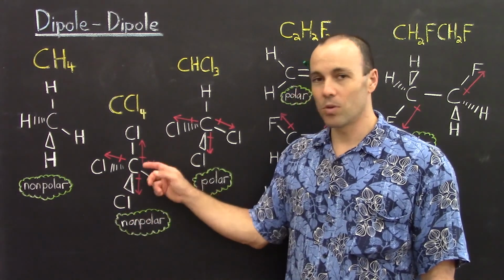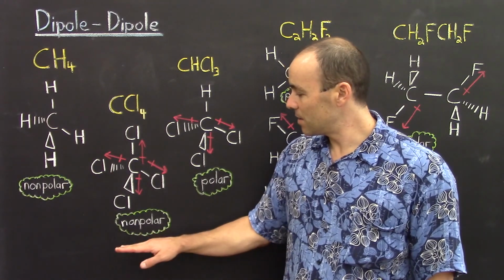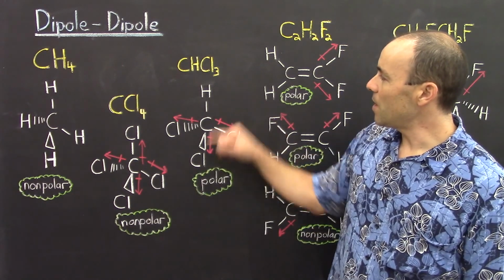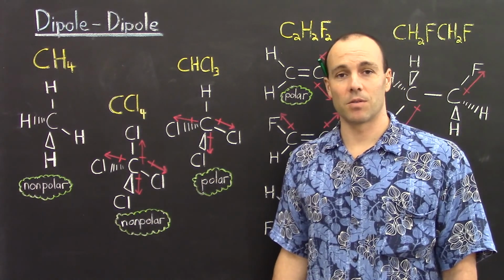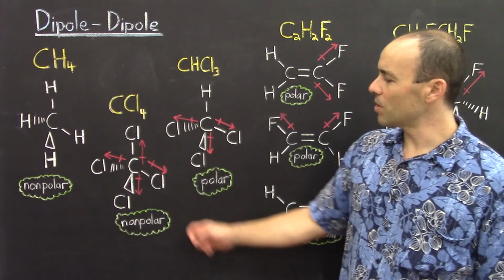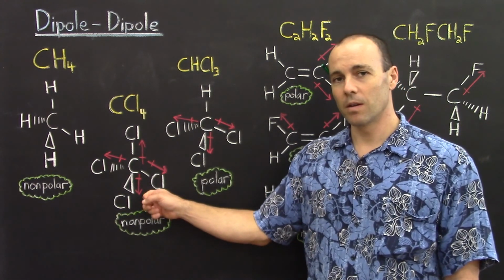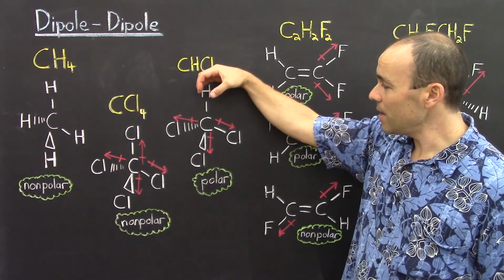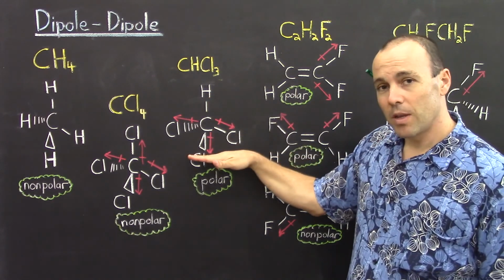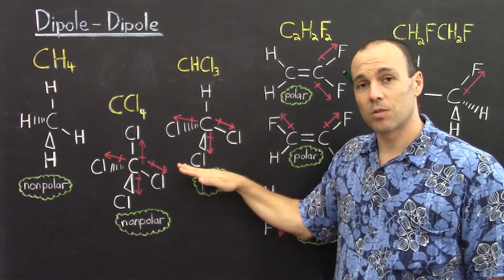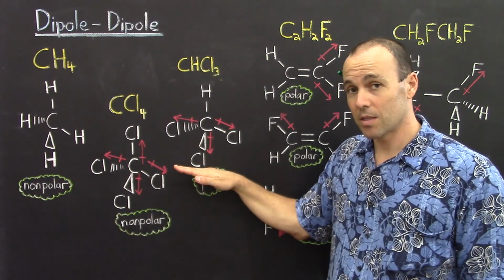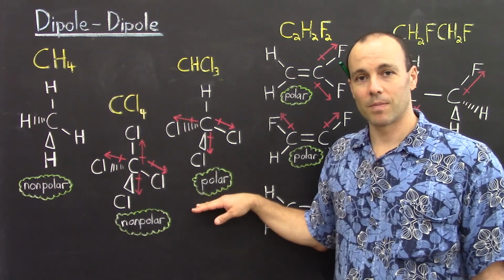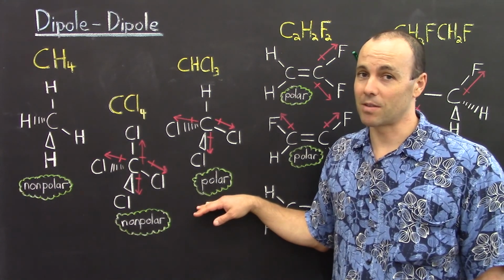The bond dipoles totally cancel off, and this is a nonpolar compound. CHCl3 is also tetrahedral, and the structure is similar to CCl4. However, now one of the positions is occupied by a hydrogen. And here, the 3 chlorines on the bottom end up pulling electrons towards their end of the molecule, and this does have a molecular dipole, so it is a polar molecule and exhibits dipole-dipole interactions.